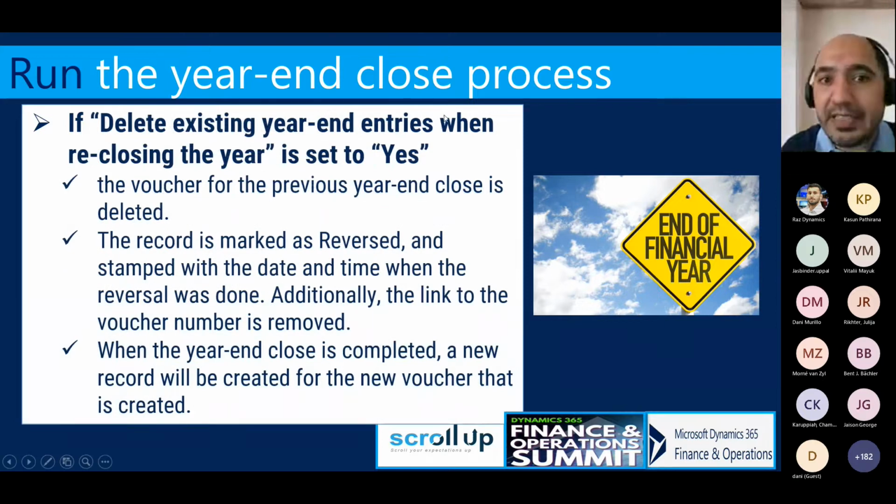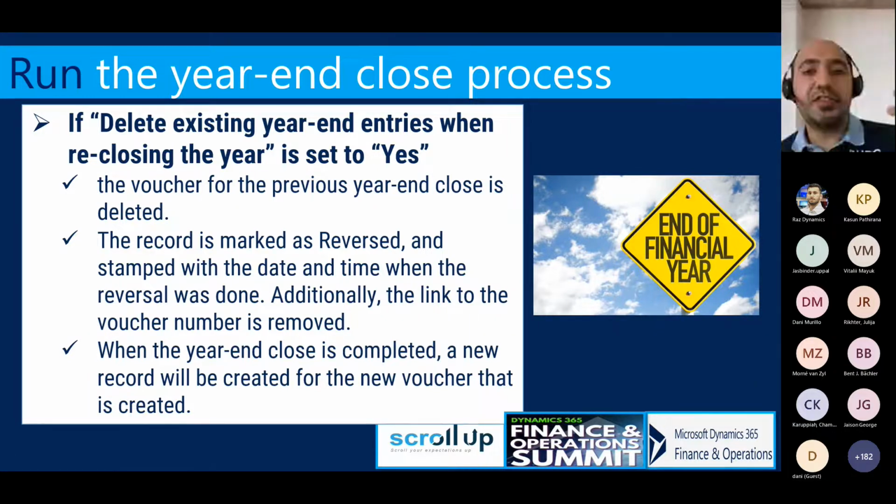So if delete existing year entries when reclosing the year is set to yes, the voucher for the previous year-end close is deleted. The vouchers that were created, which I showed you, will be deleted. The record of the closing is marked as reversed and stamped with the date and time when the reversal was done. Additionally, the link to the voucher number is removed.